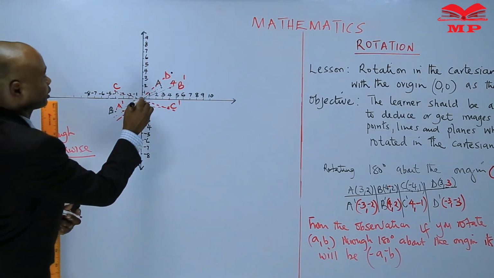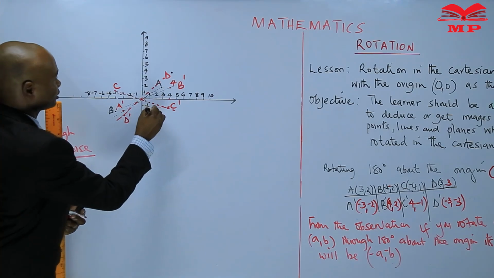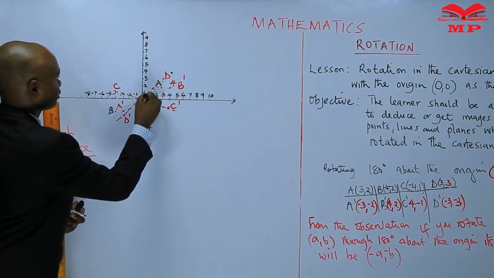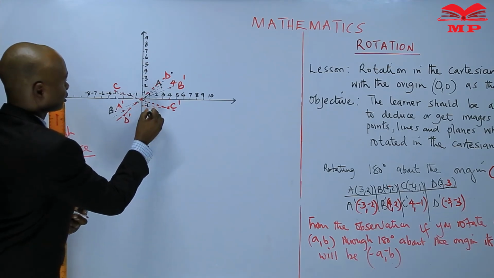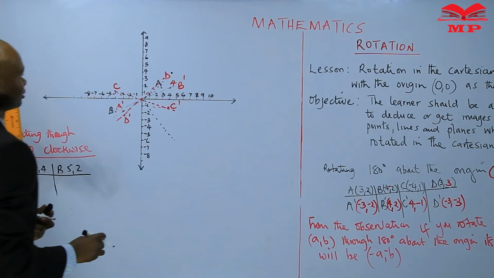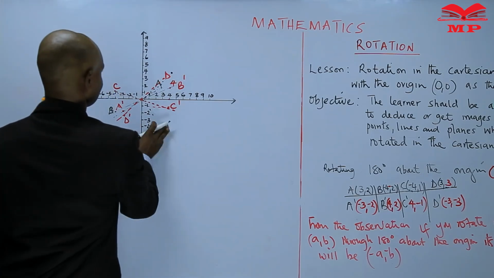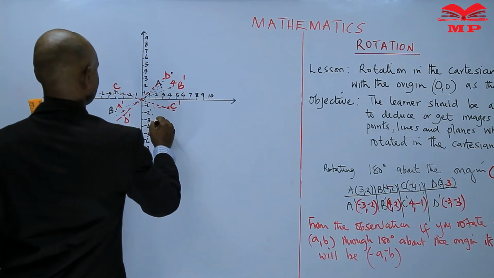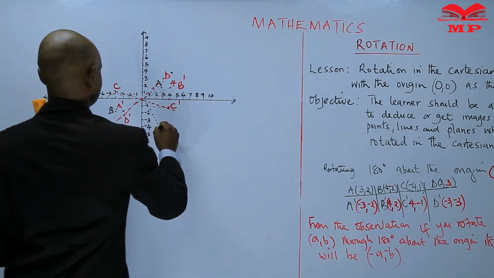So if you look at it well, you'll have a right angle here. If you join 4, 4 to that center, rotating through 90 degrees, you'll actually have a right angle here.